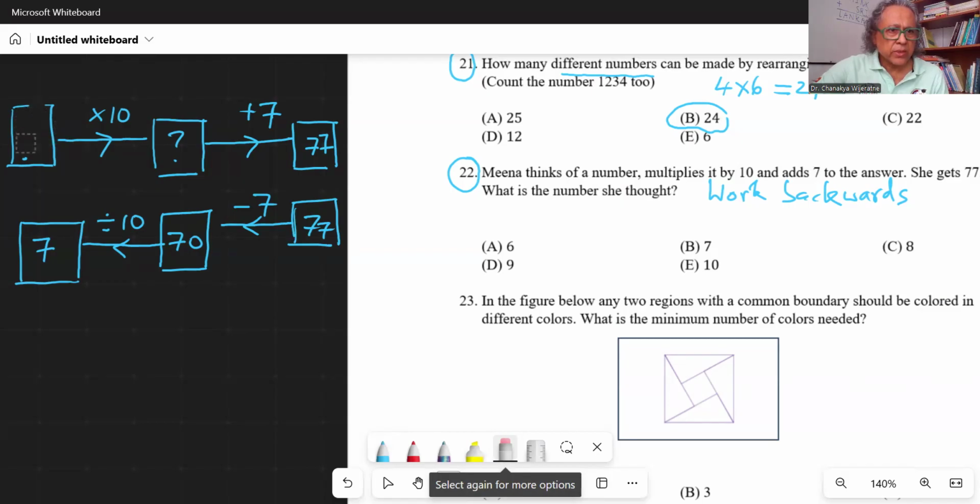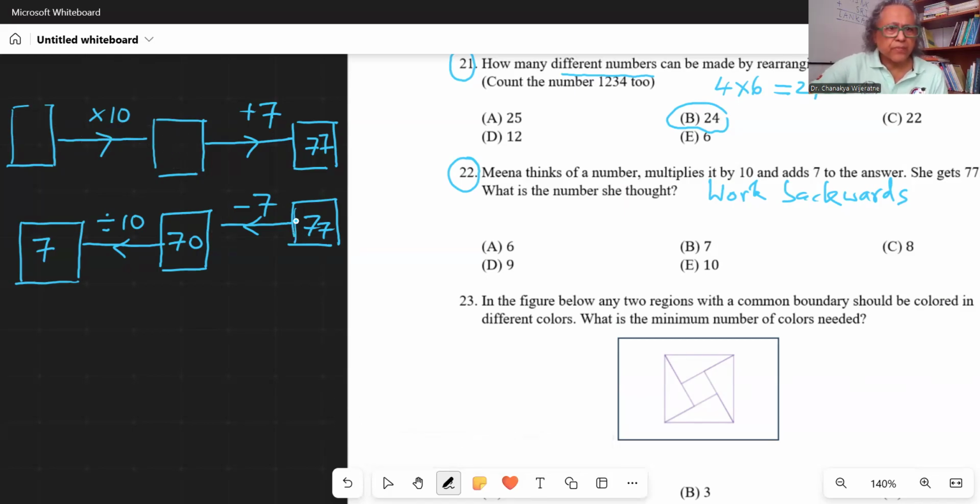So let's erase these 2 question marks, and then we can write 7 here. So we get 70 here. And if we add 7, you get 77. So you can see that it worked very nicely here.